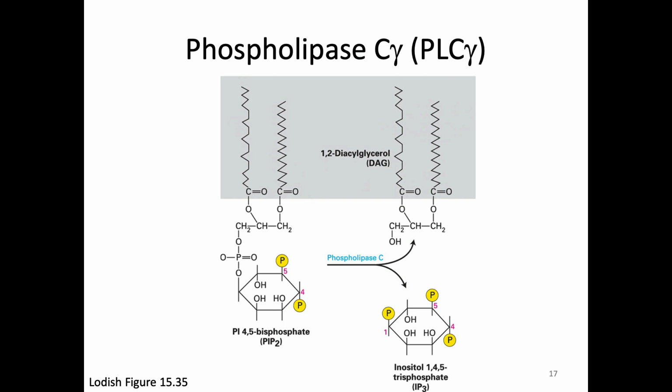I usually refer to it as DAG. And the other one is the head group, inositol 1,4,5-triphosphate, also known as IP3. So PLC gamma is going to cut PIP2 into DAG and IP3.